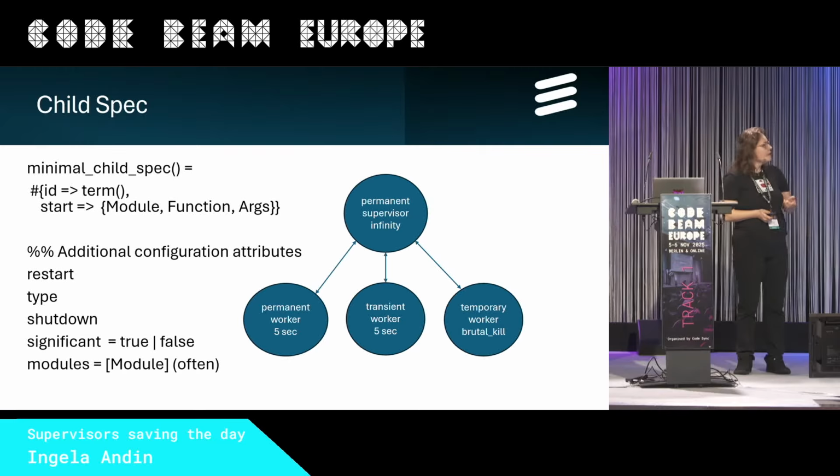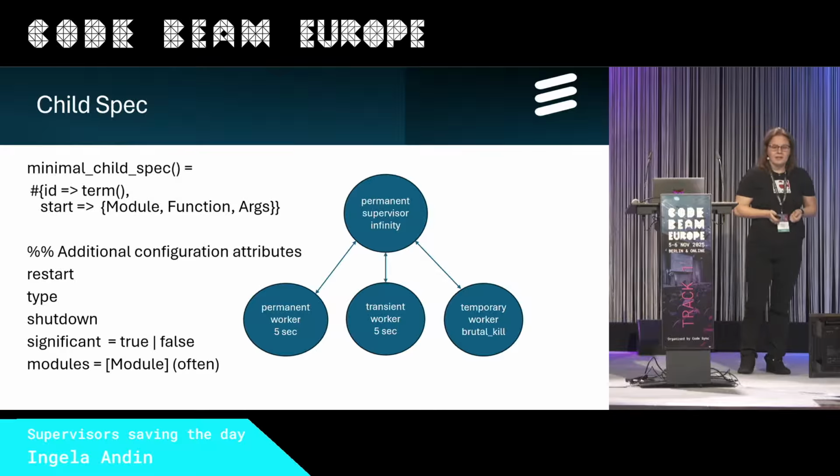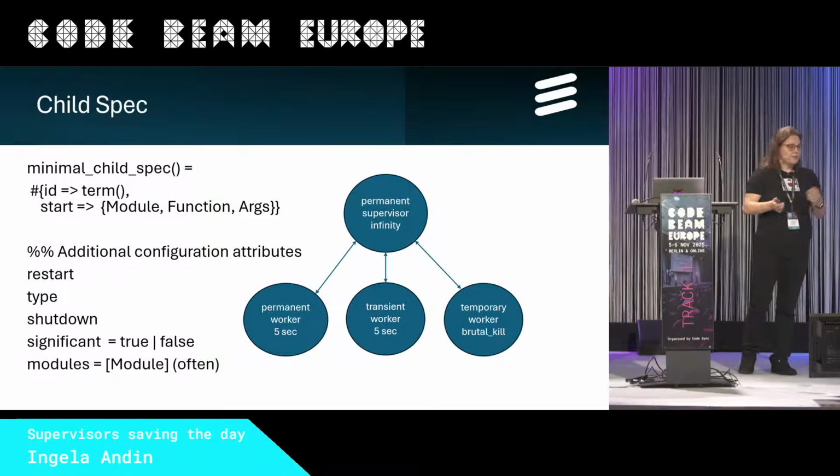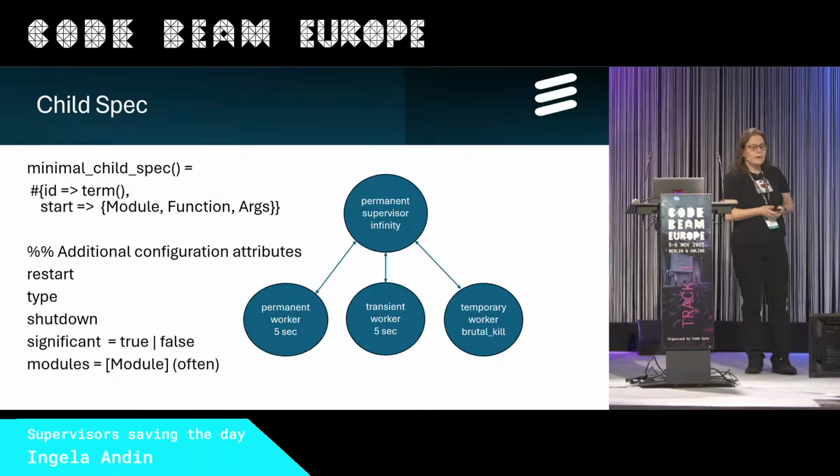We can make our process to be a permanent process. And this means that we want it to be restarted when it stops, independently of why. Or it could be transient. And then we only want to restart it if it stops in a non-normal way. Okay, so if it crashes.